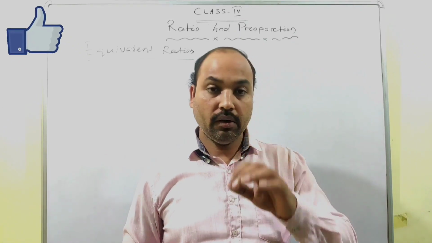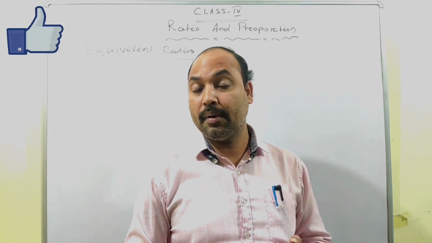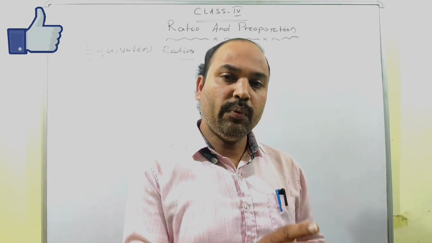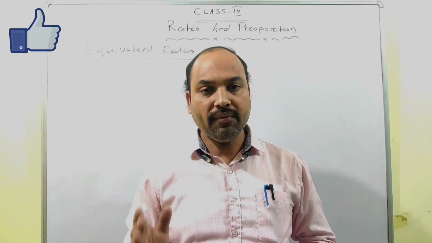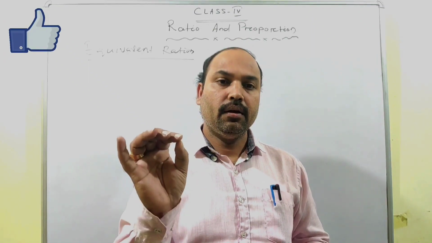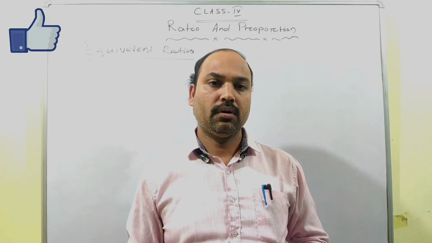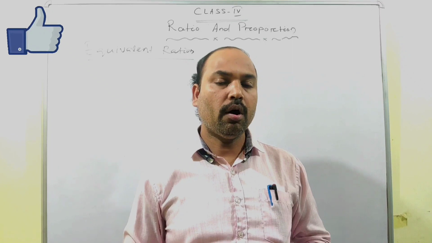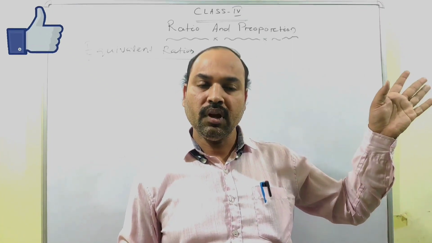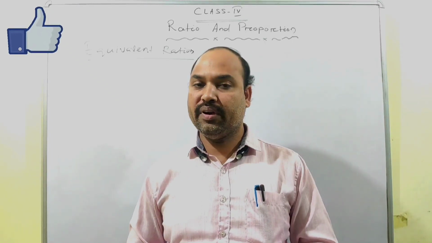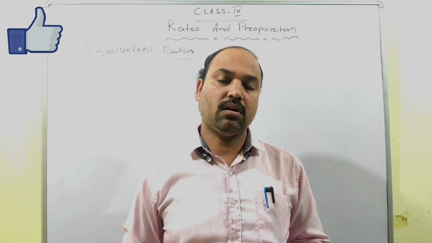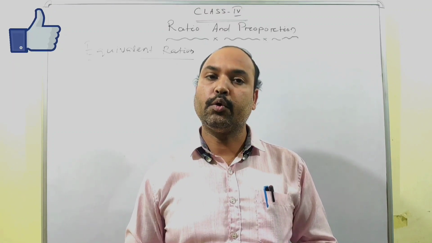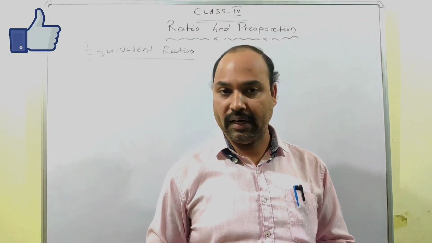Okay? Another time I'm telling you, listen to this one. When we multiply or divide any non-zero number with the numerator and denominator, or you can say the antecedent and consequent, then the fraction or ratio we get is known as your equivalent ratio or fraction.